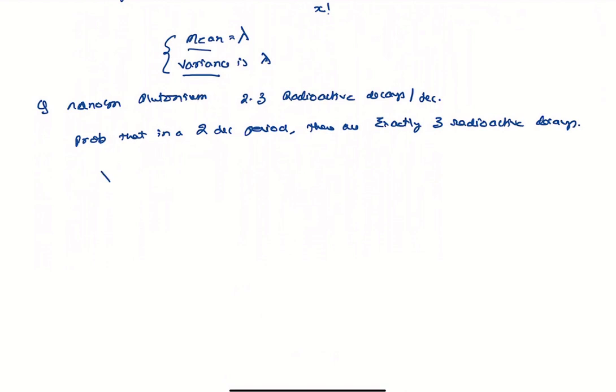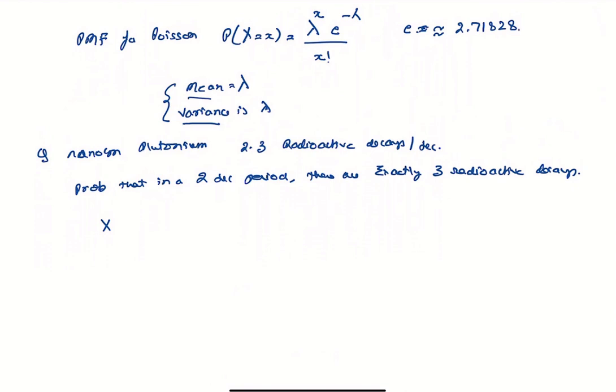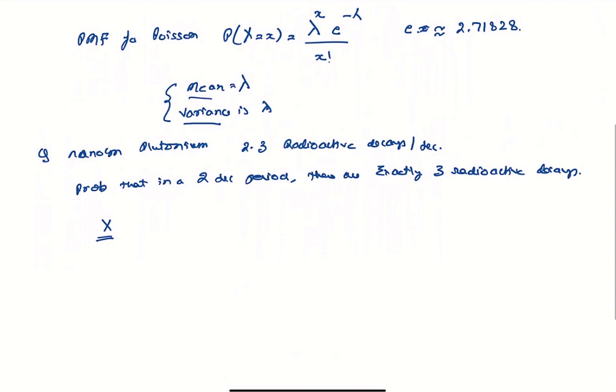This is the question. Here we have this formula, where X, the Poisson random variable, is the number of decays in a 2-second period, and the small x is 3.